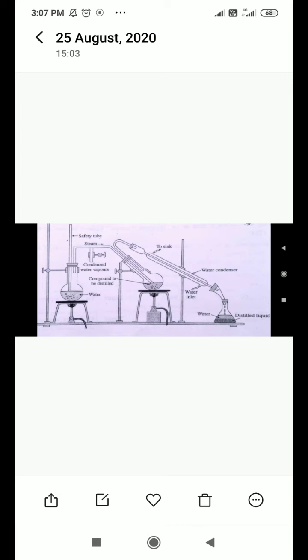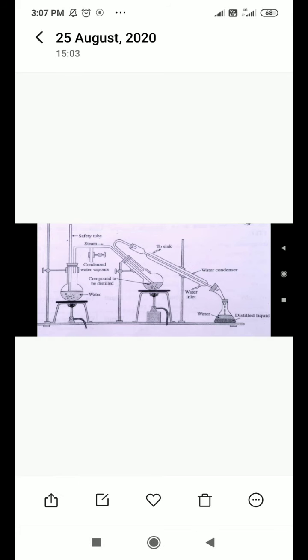One is on the left side, where water is placed, and that water passes steam after heating through the steam tube to the next RBF, where your organic compound mixture is placed.